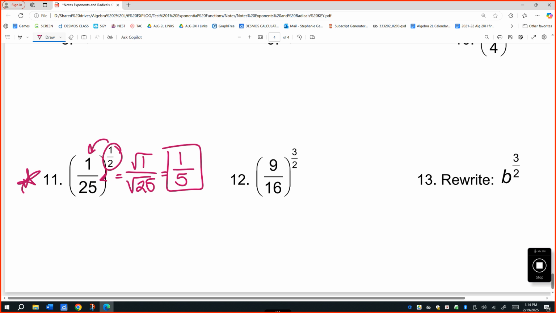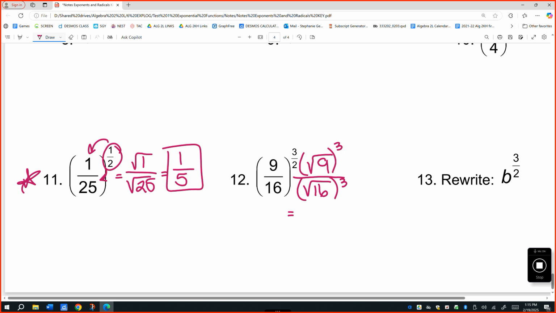Okay, and using that, we can also do something like this in number 12. So I know that I can give this to both the numerator and the denominator. So I can choose to look at this as the square root of 9 to the 3rd power over the square root of 16 to the 3rd power. Because remember, I can put the numerator either under the root or outside of it.